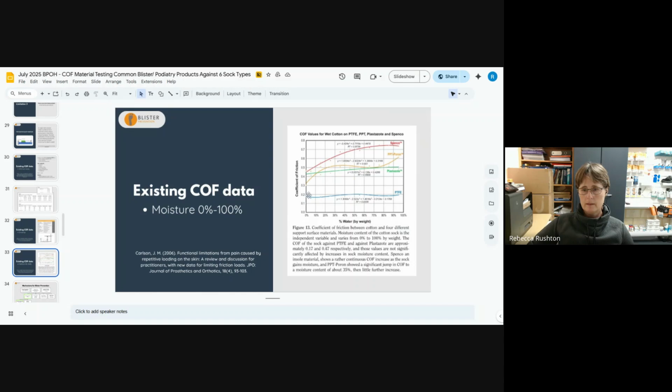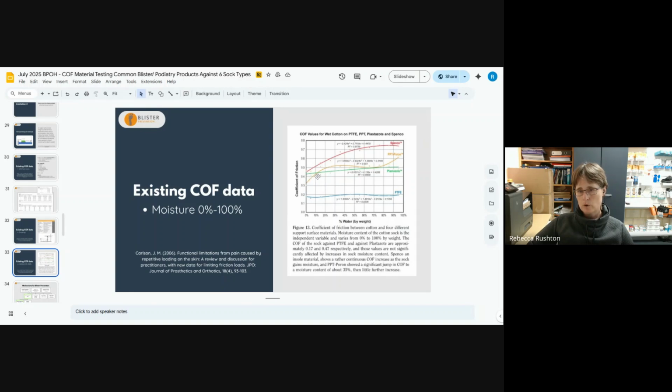And they found that for the Engo patches, the coefficient of friction was consistently around 0.2, compared to Spenco, which is the red one up the top. So it increased as moisture was added. The Plastazote in the green remained relatively stable, but was about 2 to 2.5 times higher coefficient of friction compared to the Engo patches.